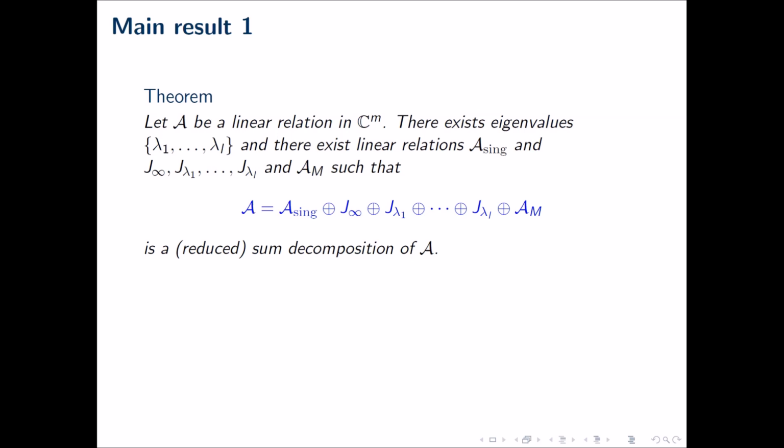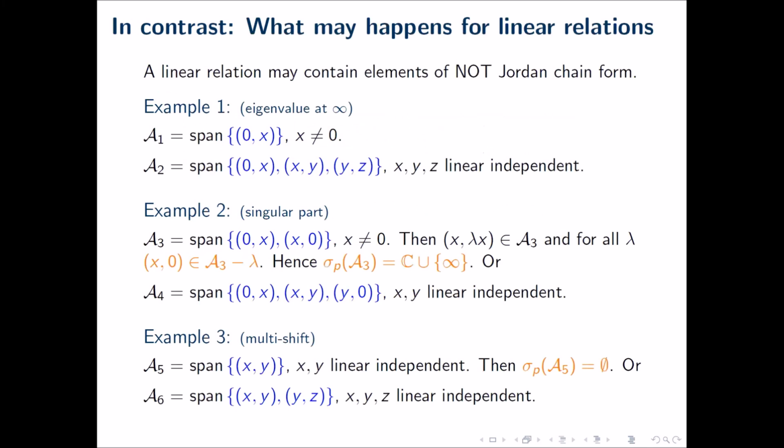And what you get is Jordan canonical form plus three more: A singular, J infinity, A multi-shift. Singular corresponds to singular chains, J infinity corresponds to chains at infinity, and the multi-shift corresponds to multi-valued chains. So there was a reason why I showed you this example. At infinity, singular, multi-shift.